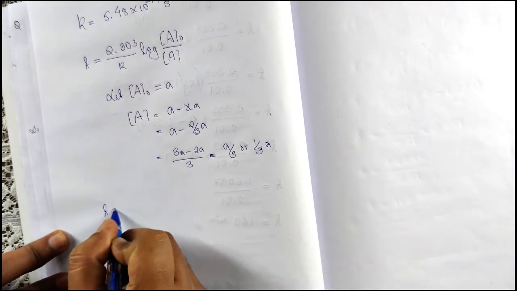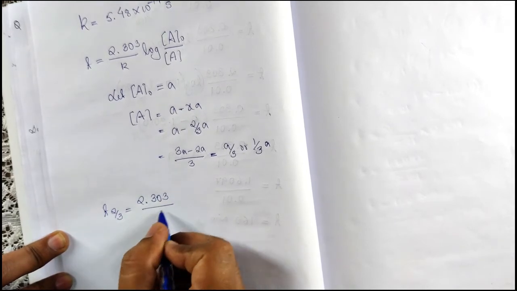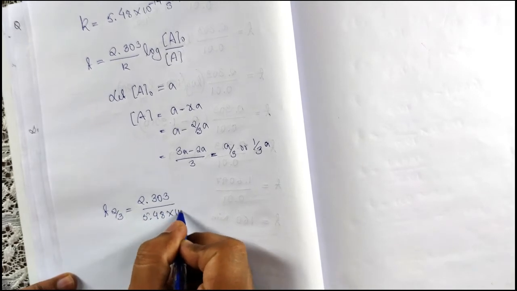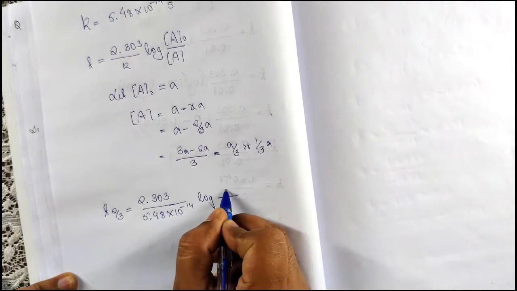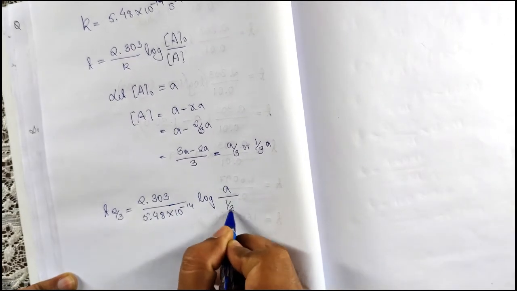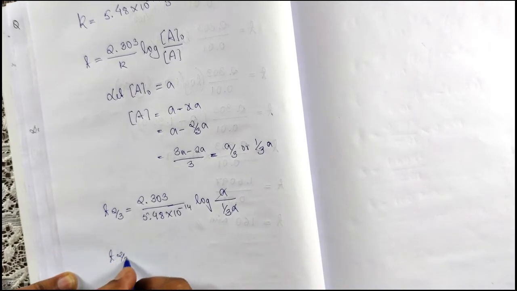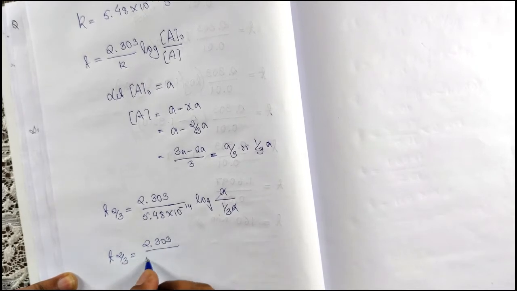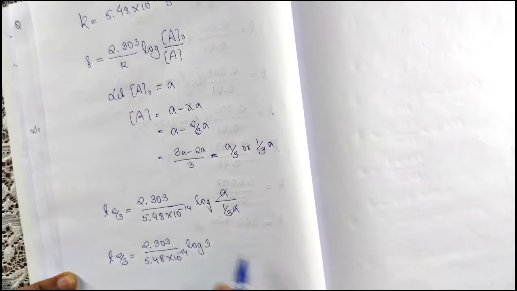So now calculate 2/3 life. You can write T 2 by 3 is equal to 2.303 by K, which is 5.48 into 10 to the power minus 14, log A by 1 by 3 A, and A can get cancelled. So T 2 by 3 is equal to 2.303 by 5.48 into 10 to the power minus 14 log 3.